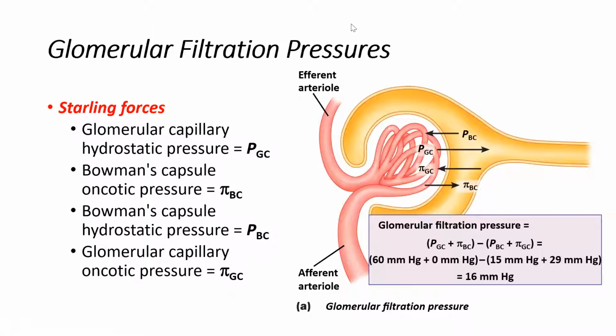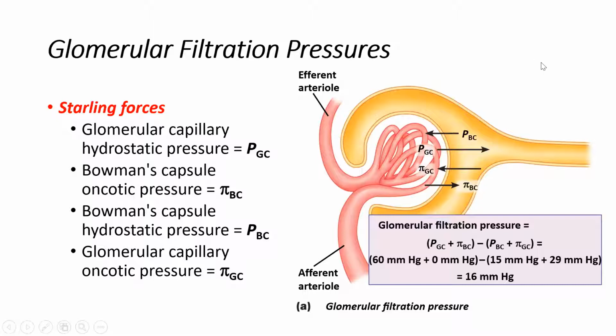You would have talked about these equal and opposite forces that are either hydrostatic, which is pushing, or oncotic, which is pulling, and this dictates the movement of fluid, plasma to be specific, from the glomerulus here, which are in these capillaries, into the Bowman's capsule. Okay. So let's describe the four forces first.